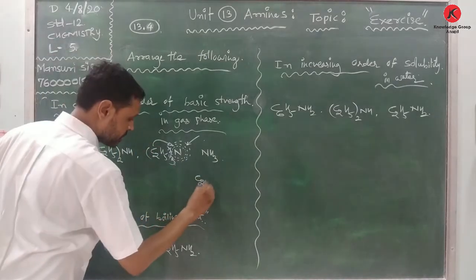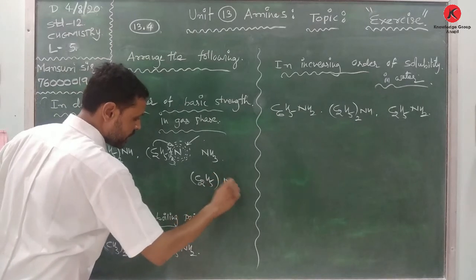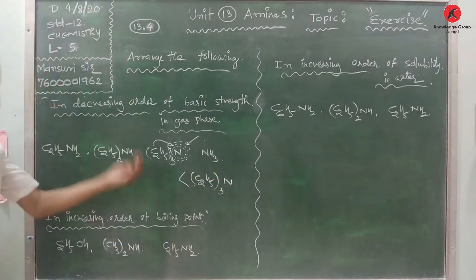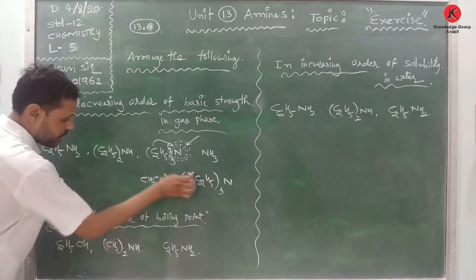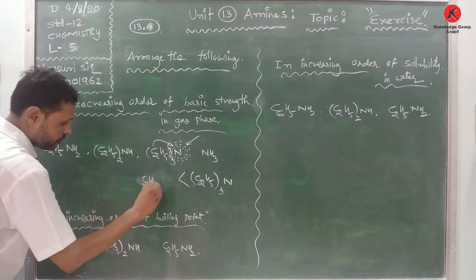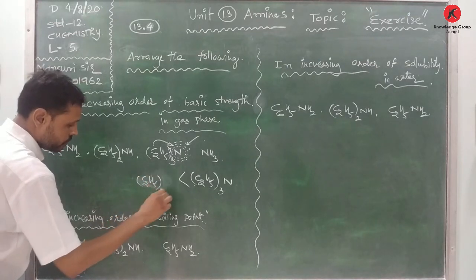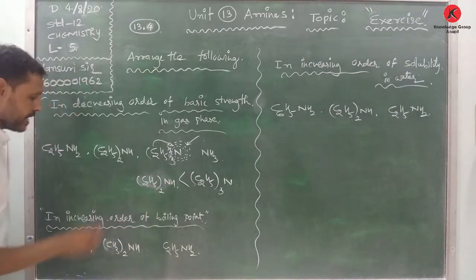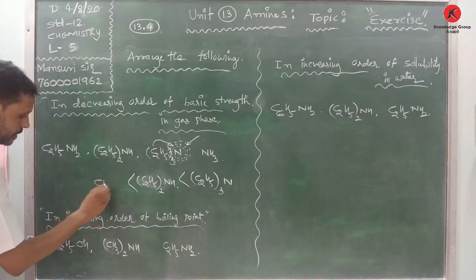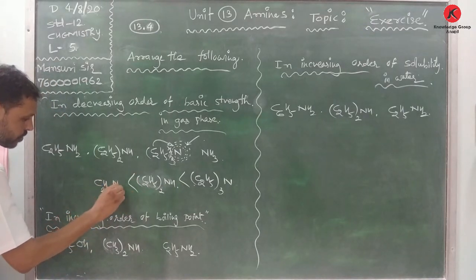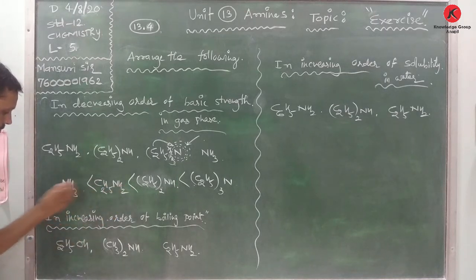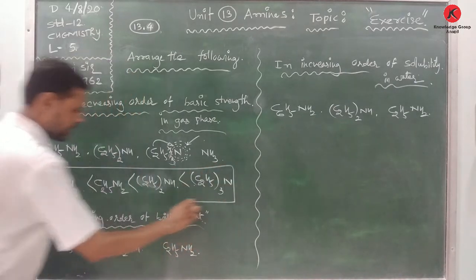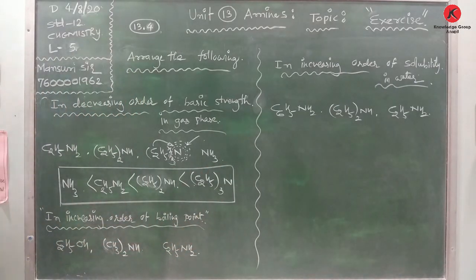Here we will write (C2H5)3N, which is more basic than diethylamine, that means (C2H5)2NH, which is more basic than C2H5NH2, and which is more basic than ammonia. So the order of basic strength in the gaseous phase is like this.